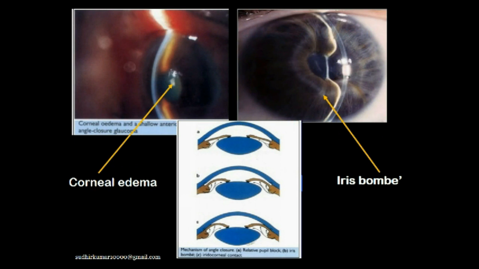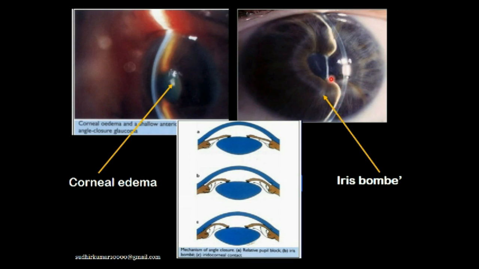A typical presentation of angle closure glaucoma, in which you see the cornea is edematous, the eye is red. This is a presentation of acute angle closure glaucoma. And here you can see that the shape of the iris is bowing anteriorly.